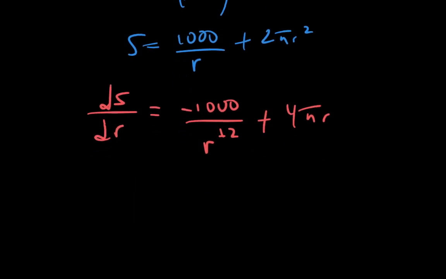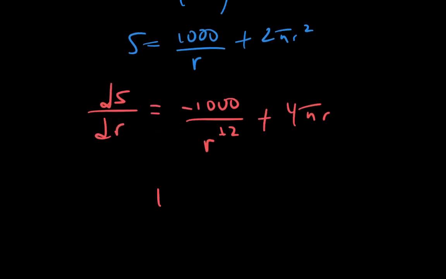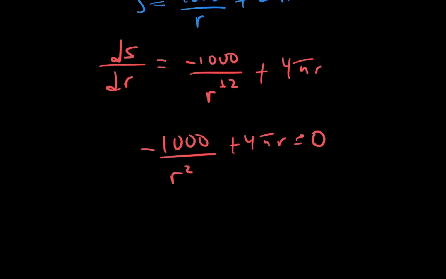And now we set that equal to 0, so we have minus 1000 over r squared plus 4 pi r is equal to 0, and we're going to solve for r.